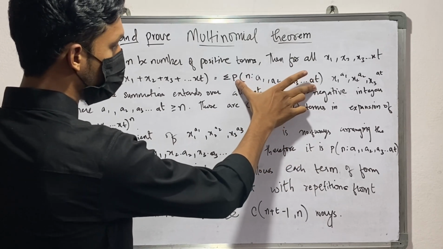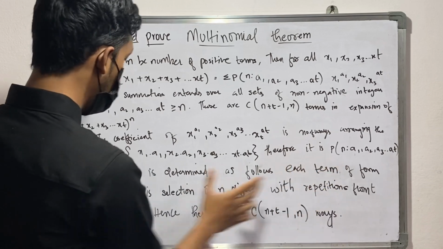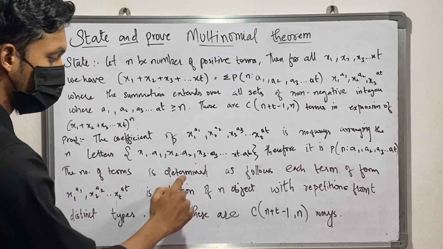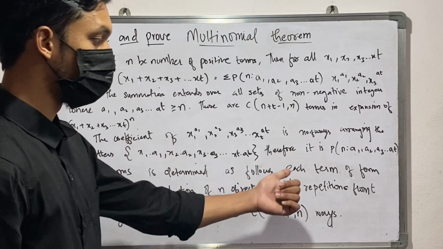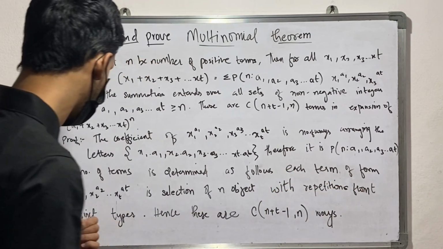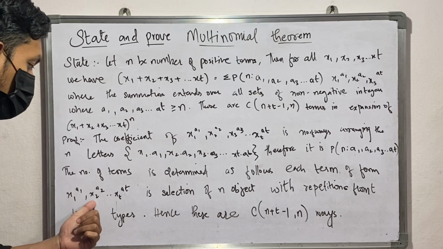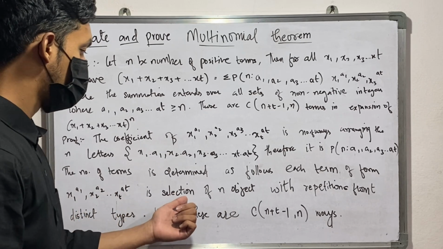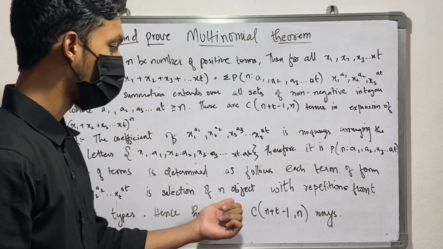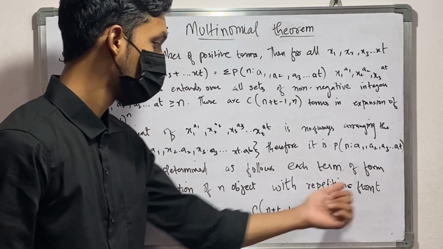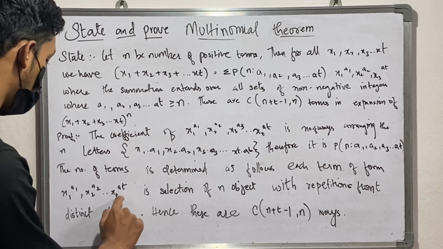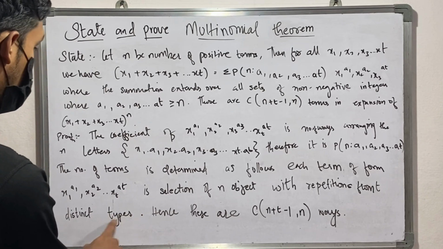We have to write this same step here, and the number of terms is determined as follows. Each term of the form x1 to the power a1, x2 to the power a2, up to xt to the power at is a selection of n objects with repetitions from t distinct types.